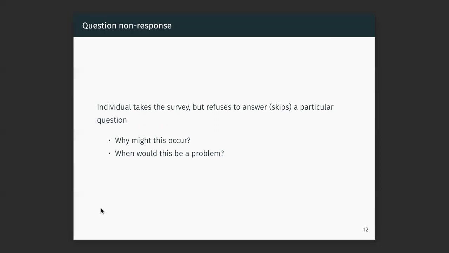And when the choice to not answer something is correlated with the truth, that is, my decision to answer or not answer this question is a function of my value on that question, my mental health status, right? My decision to answer or not answer that question then is correlated with my missingness. And when we have that, we have bias. That's a big problem.